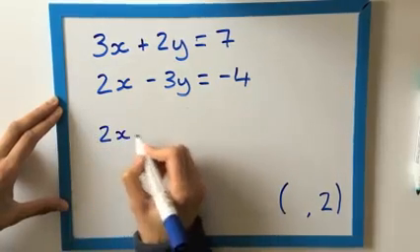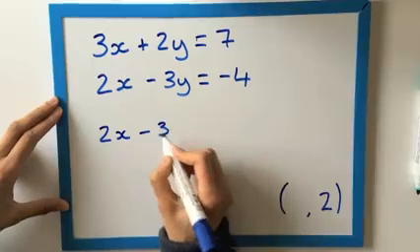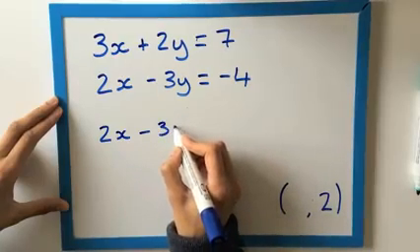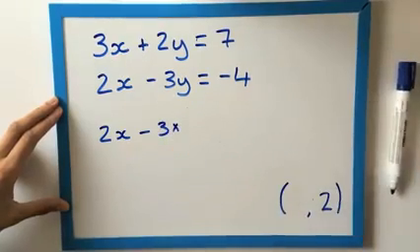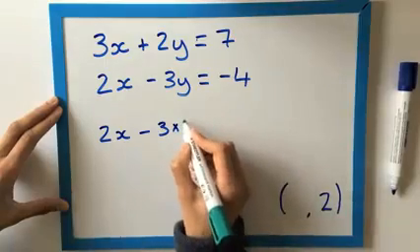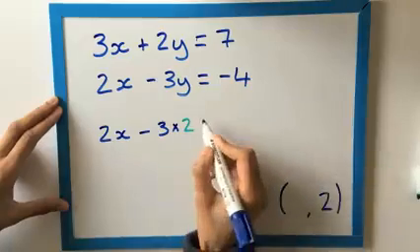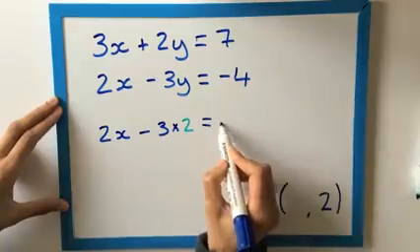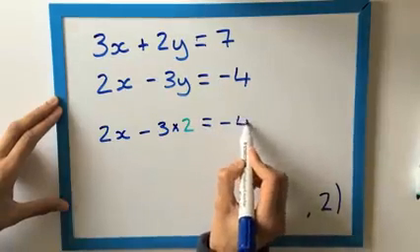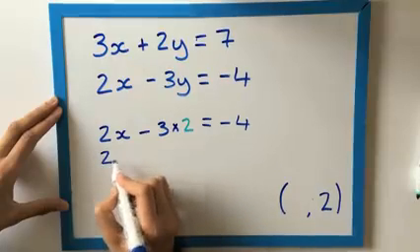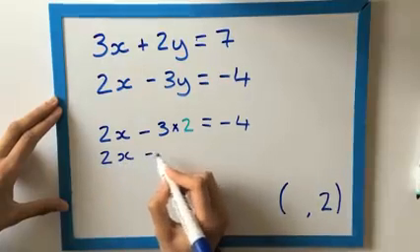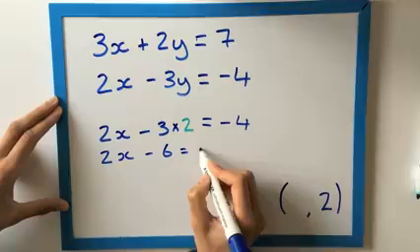So 2x minus 3 multiplied by our y value, which is 2, this gives us minus 4 according to our second equation. So 2x minus 6 is equal to minus 4.